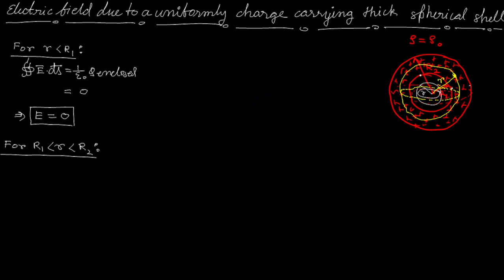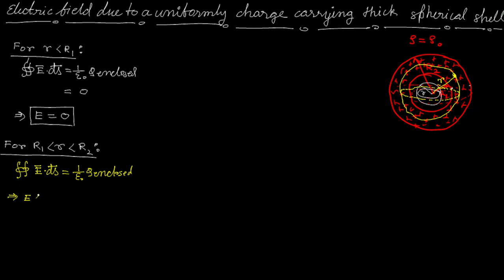If we assume that the electric field on this surface is E, then according to Gauss's law, again we can write the integral of E dot dS is equal to 1 by epsilon naught Q enclosed.